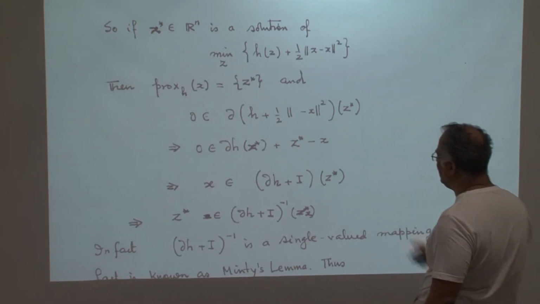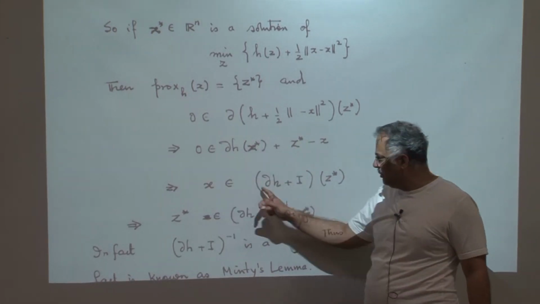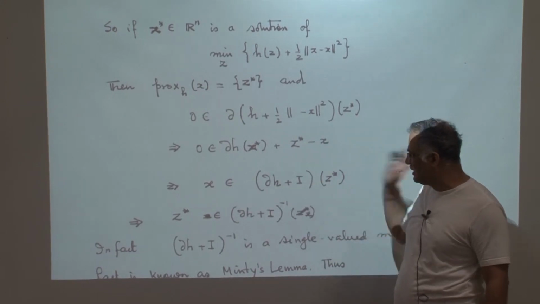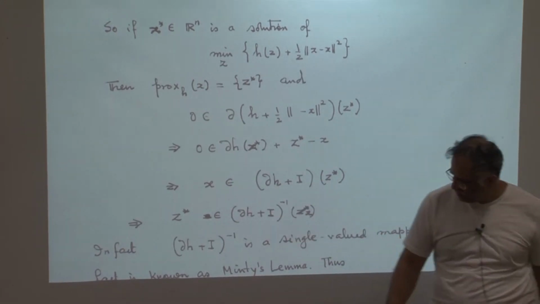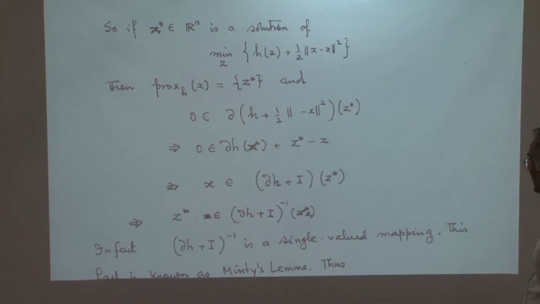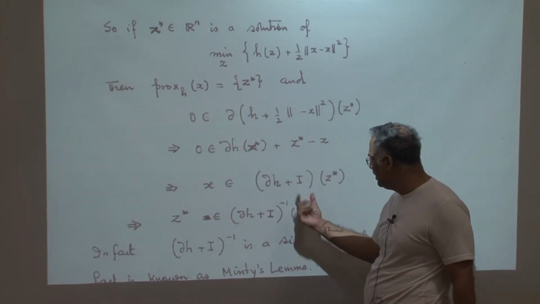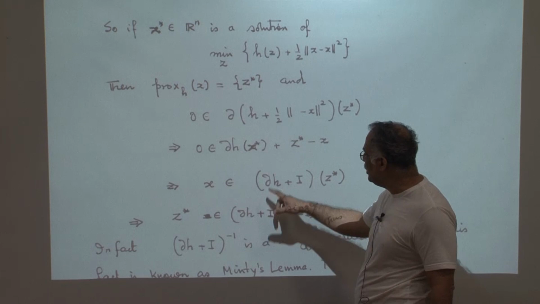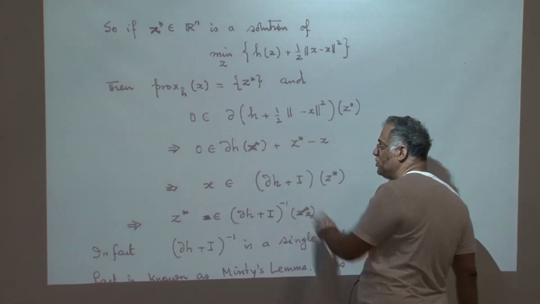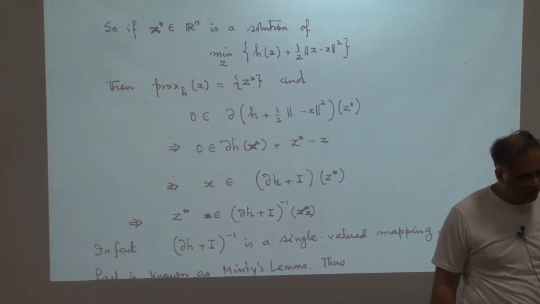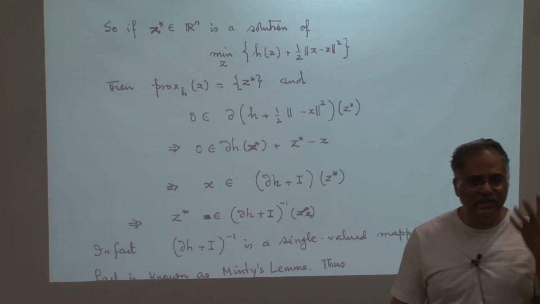So x can now be taken to the other side. So x element of del h plus I z star, we can combine them. This is what is called a set valued mapping. So del h x star is not just a point, del h x star is a set.